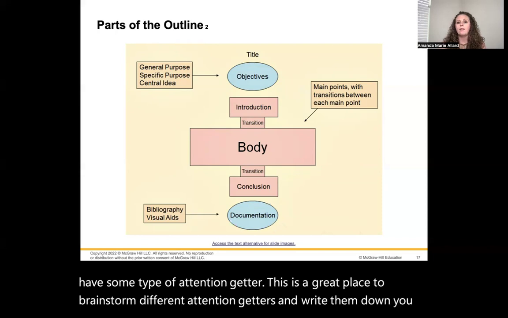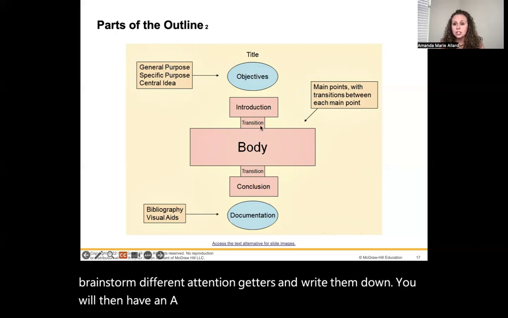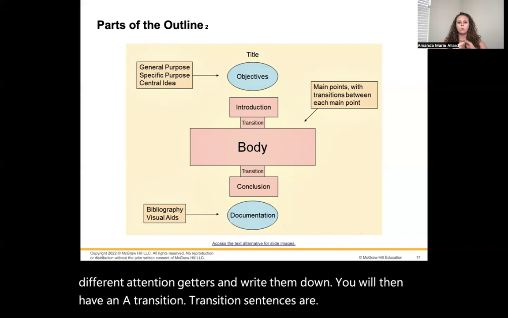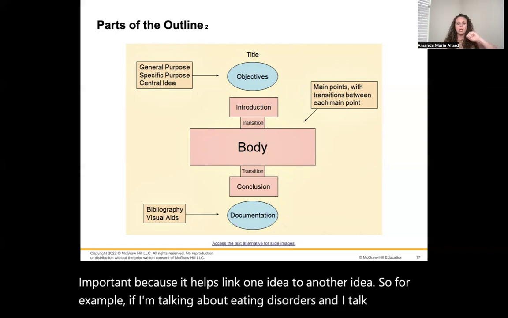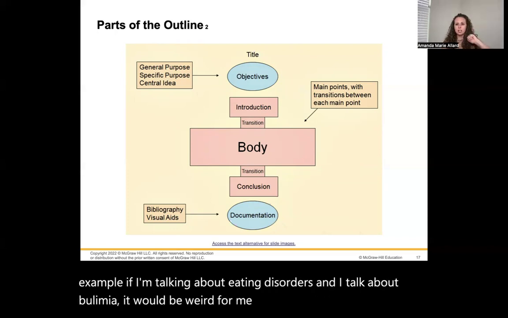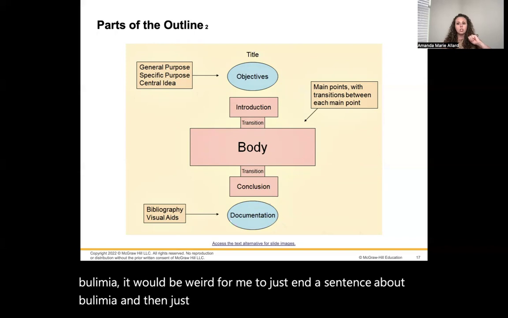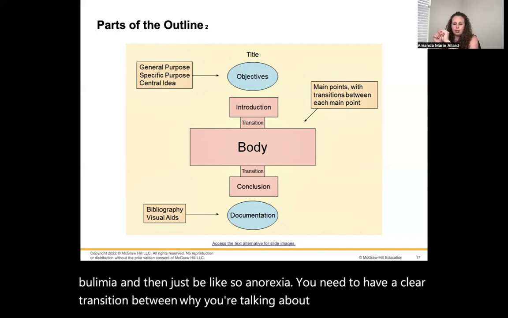You will then have a transition. Transition sentences are super important because they help link one idea to another. For example, if I'm talking about eating disorders and I talk about bulimia, it would be weird to just end a sentence about bulimia and then say, so, anorexia. You need a clear transition between why you're talking about bulimia and then anorexia.